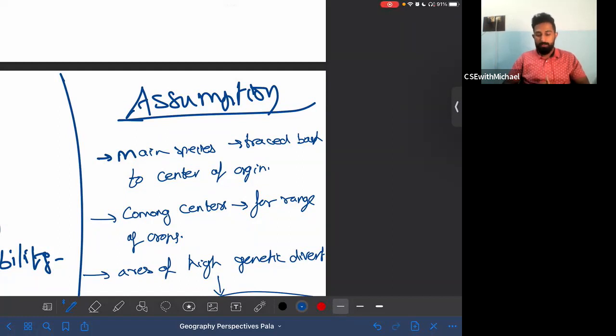Now, gene pool centers refers to, next paragraph, areas on Earth where important crop plants and domesticated animals originate.